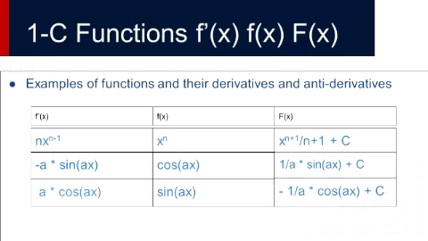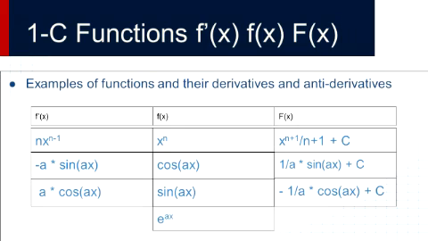So if we take the derivative of that, we get cosine ax, right? Much like how if we take the derivative of sine ax in the function column, not the antiderivative, we get a times cosine ax. They match up. They go alongside each other, just going back and forth. You have to be aware of the negative symbols.